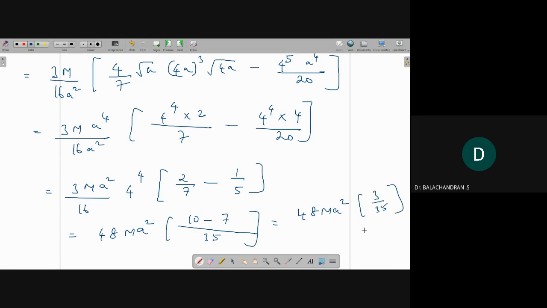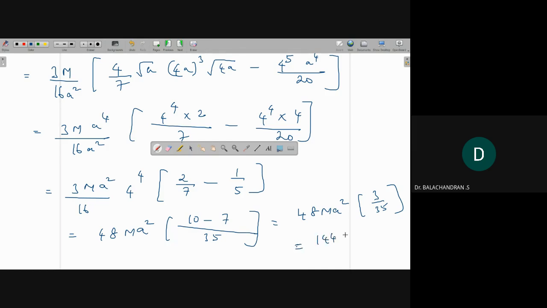If you multiply by 48, 144, so 144 m a square by 35. So this is the final answer.